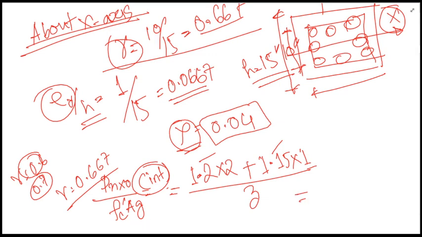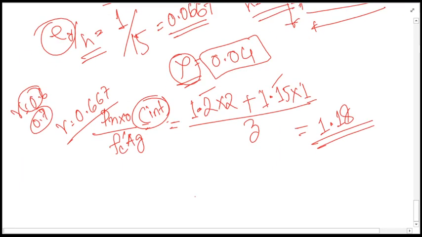From this calculation you will be obtaining the value of the axial load in the x direction, which will be almost equal to 1.18, we can say. So okay, use 1.18. What will be Pnx naught?